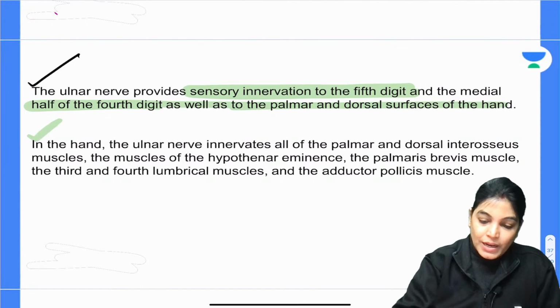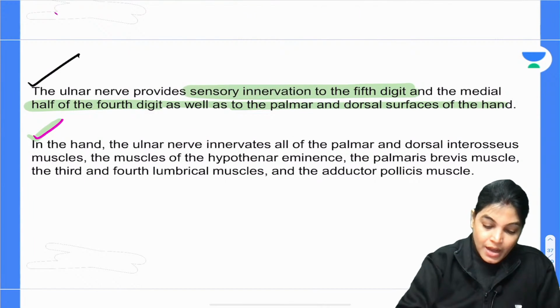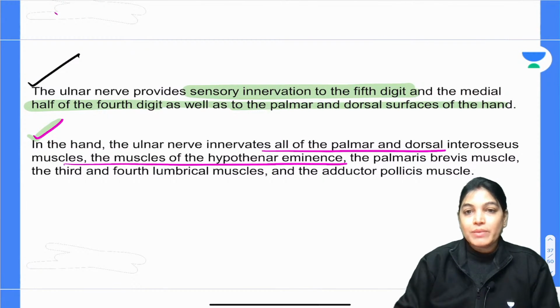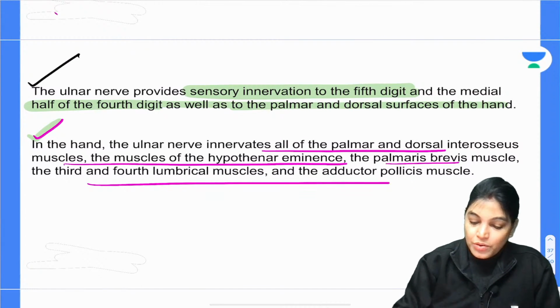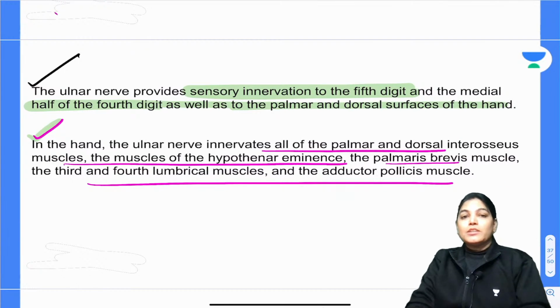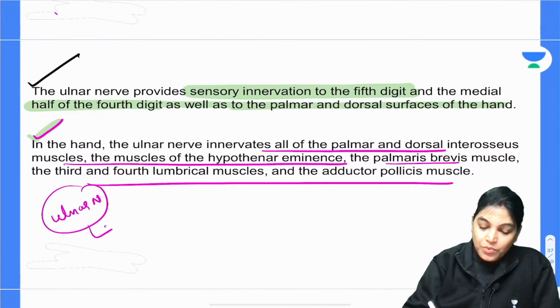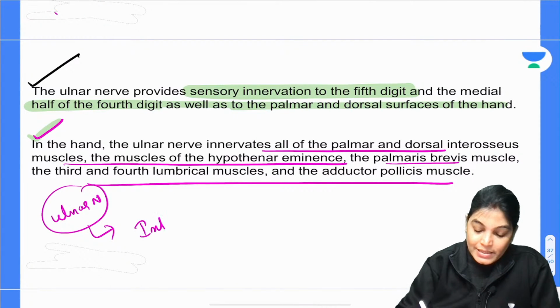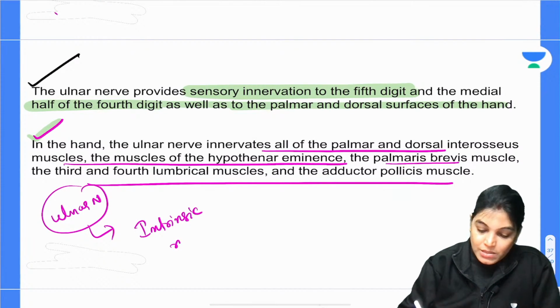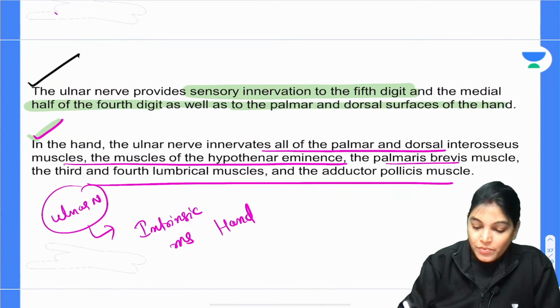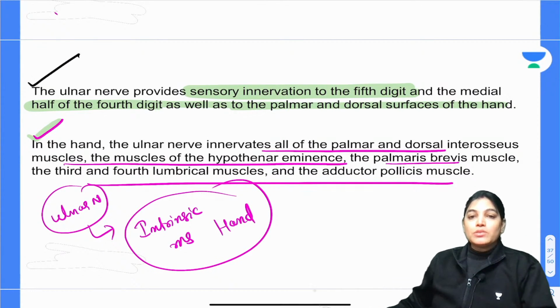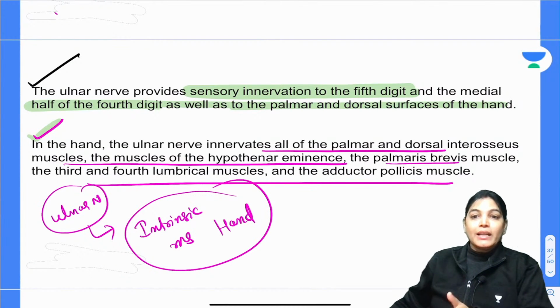In the hand, the ulnar nerve innervates all palmar interossei, muscles of the hypothenar eminence, palmaris brevis muscle, 3rd and 4th lumbricals and adductor pollicis. So the ulnar nerve is a very important nerve for innervating intrinsic muscles of the hand, actually most of the muscles of the hand, all palmar interossei, all dorsal interossei, the muscles of hypothenar eminence.